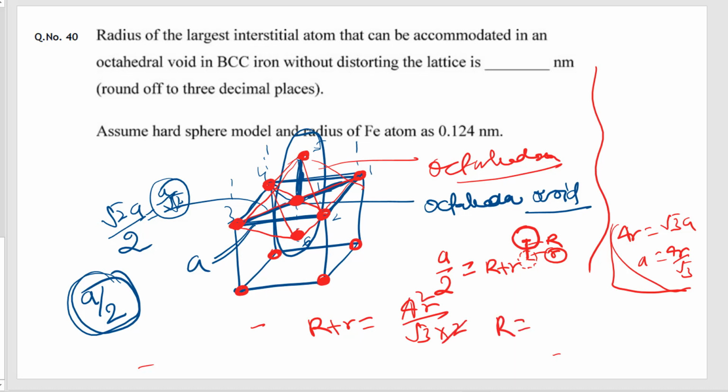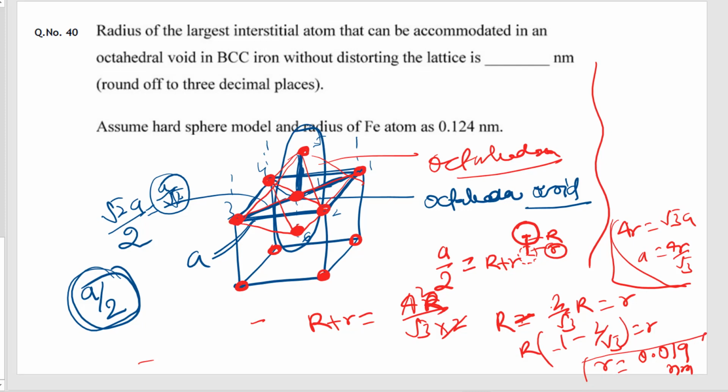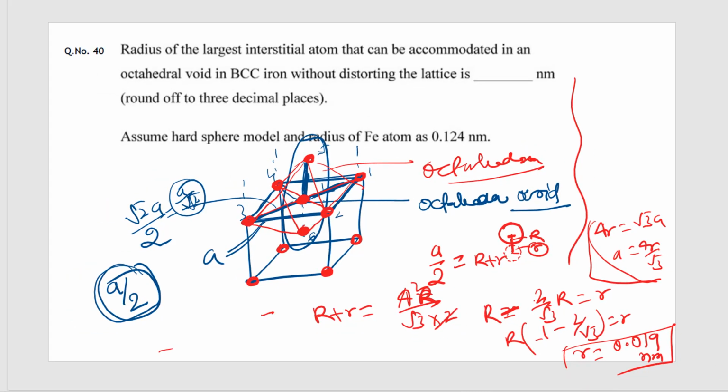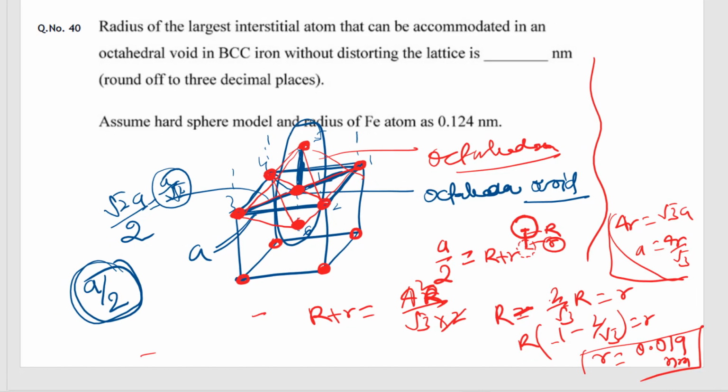So r is equal to, capital R times (2 by root 3 minus 1)... so r equals R times (1 minus 2 by root 3) in magnitude. If we calculate this, it will come to 0.019 nanometer, right? So this will be the answer.